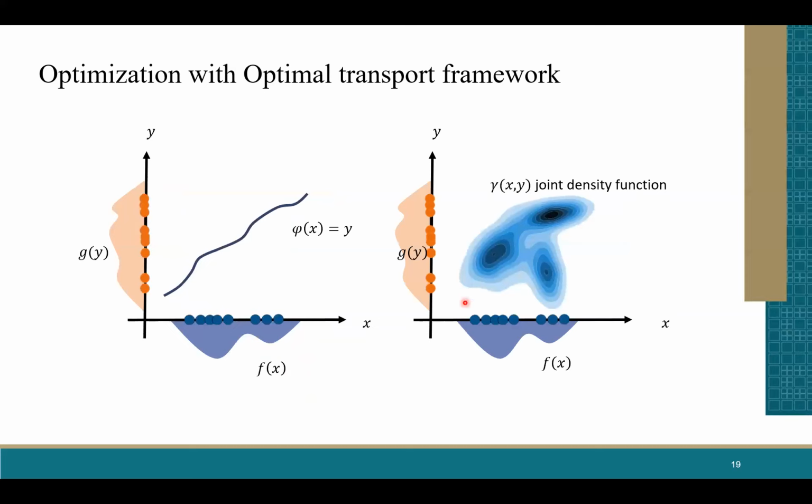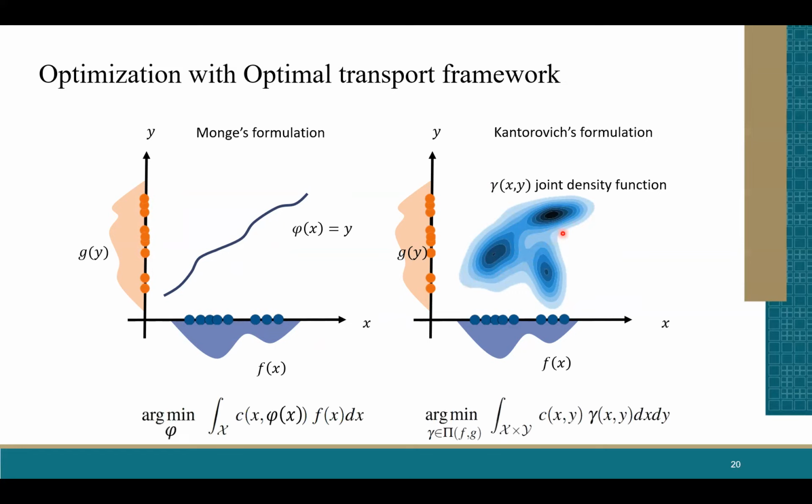This is another visualization in R2 of the problem, where F and G are now marginal PDFs associated with an unknown joint density function. This unknown joint density function captures the interaction between X and Y, including the mapping phi that we want to find, if it exists.